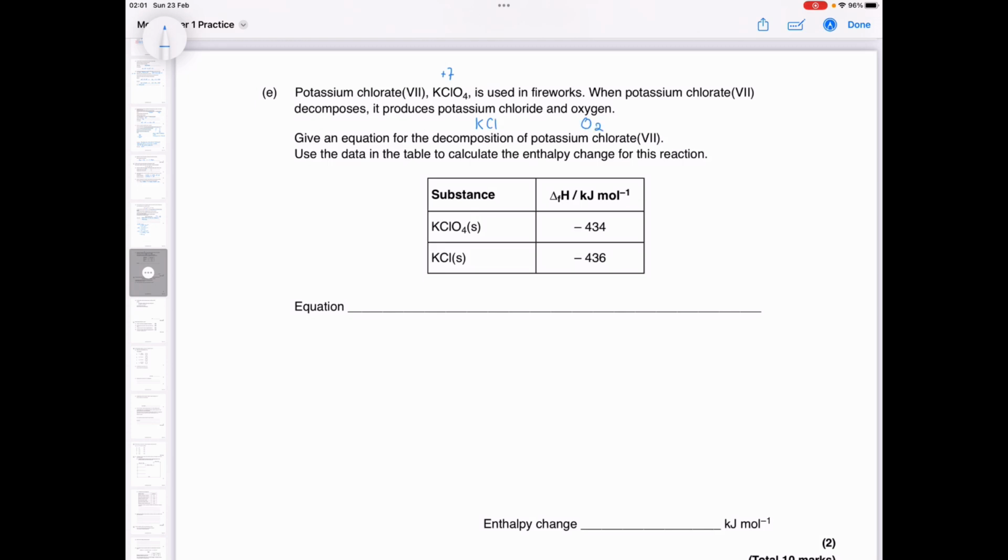Give an equation for the decomposition of potassium chlorate(VII) and then calculate an enthalpy change for that. So we've got KClO4 going to potassium chloride, KCl, and oxygen, and then we just need to balance it. It's going to be obviously 2O2.